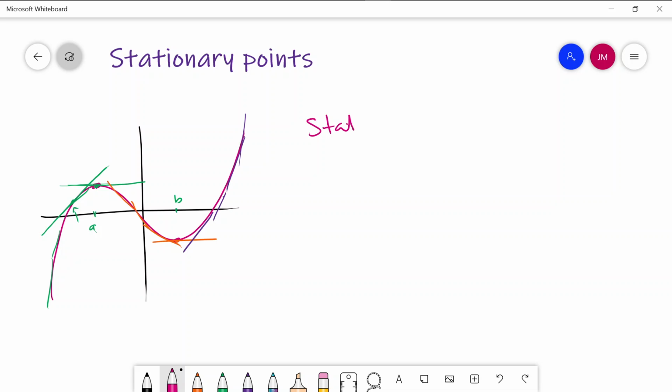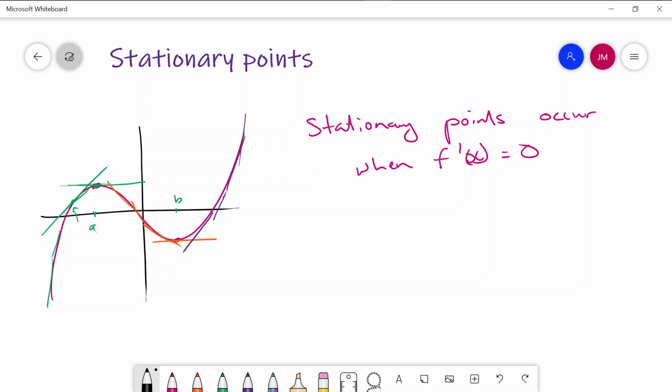So stationary points occur when the derivative equals zero. Now, that works for any of those points, whether they're maximums, minimums or points of inflection.